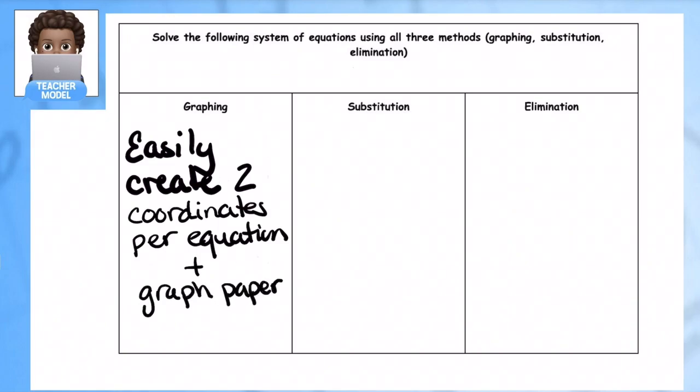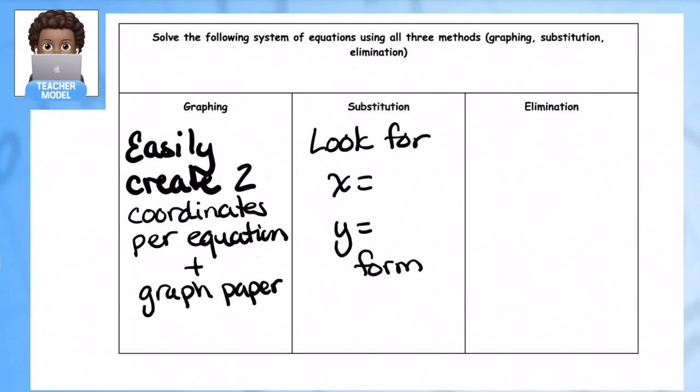If you don't have graph paper, it's a little difficult unless you're using Desmos or some type of graphing tool. Otherwise, it may not be as accurate. For substitution, I really do look for a very easy x equals or y equals type form. That way it makes it very easy for me to go and sub in and solve algebraically. And for elimination, I look for those 0 pair opportunities.